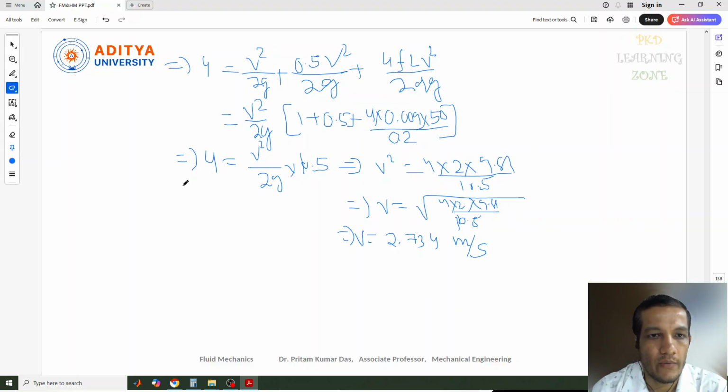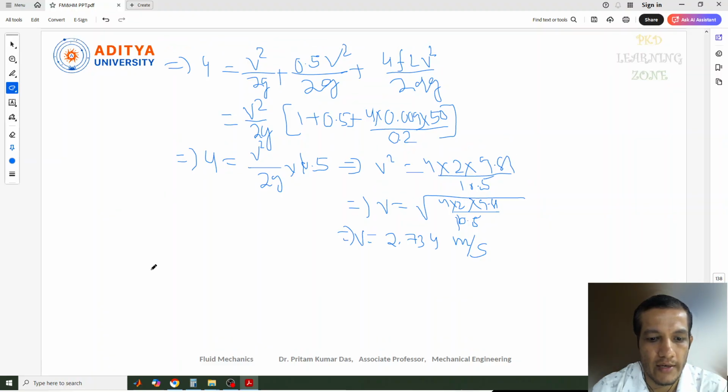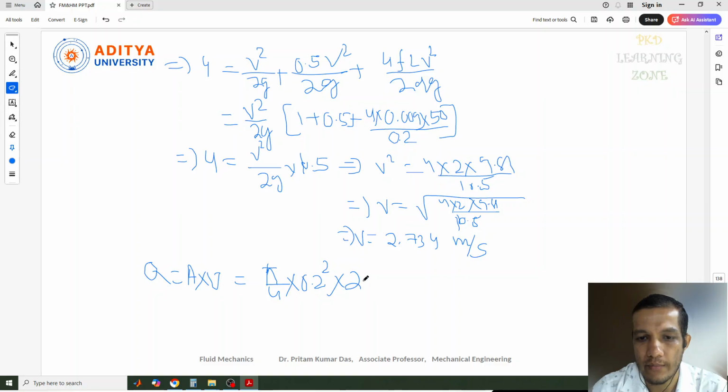Now what do we need to calculate? Finally, we need to calculate the rate of flow. We know that rate of flow Q equals A into v. A is nothing but pi by 4 d square. So we can write pi by 4 into 0.2 square into v. V is nothing but 2.734. So all these things if we calculate, we can get the value.